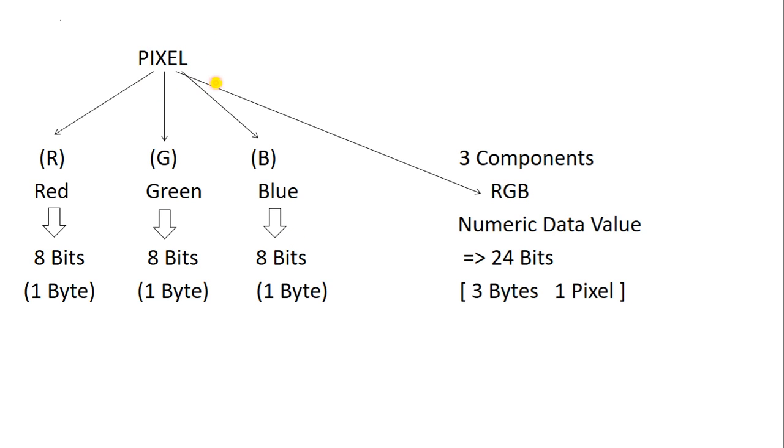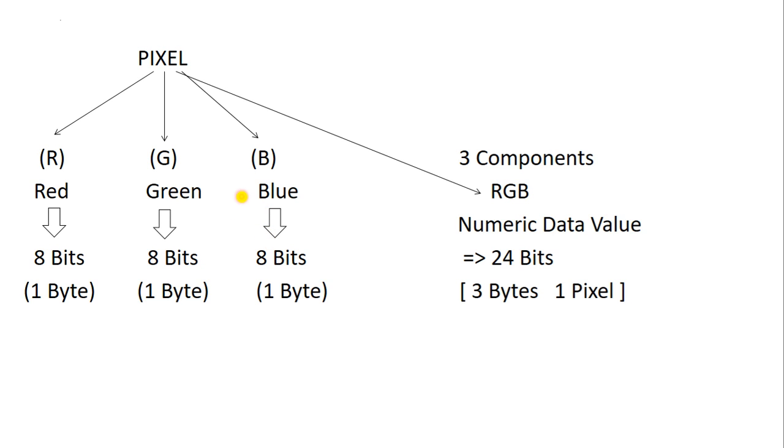Just now I told you what kind of information the pixel stores: a numerical data value. And the pixel is generated from three components: R for red, G for green, and B for blue. So the pixel is generated from three components, red, green and blue. In short form we call it RGB.